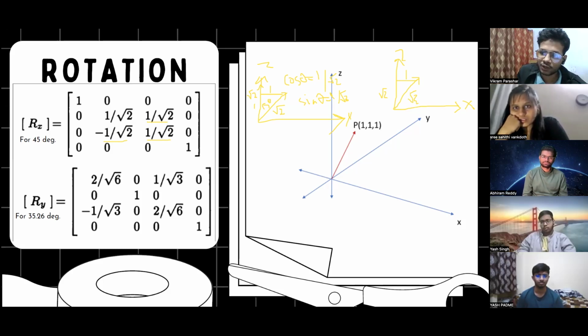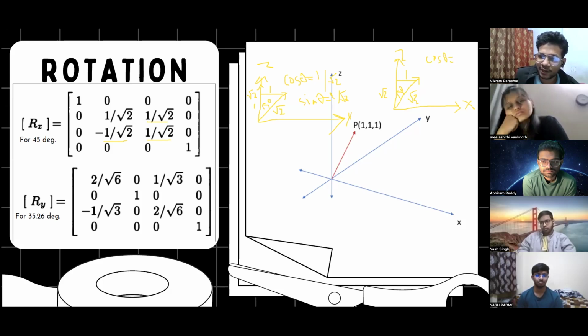So how much should we rotate in y-axis such that this vector starts to face the z-axis? So the cos theta becomes the base by perpendicular, that is root 2 by root 3, or we can say it is 2 by root 6, and the sine theta becomes perpendicular by hypotenuse, that is 1 by root 3.